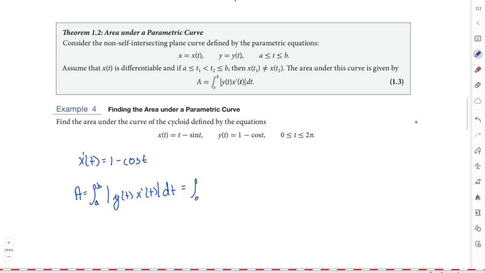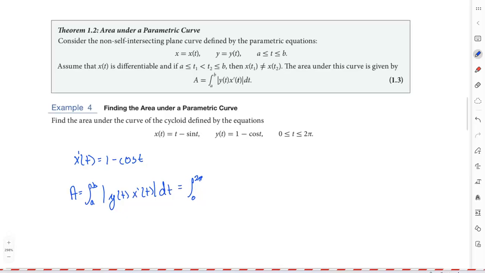So we're integrating from 0 to 2 pi. Those are my bounds, a to b. Absolute value. Y of t is 1 minus cosine of t. X prime was 1 minus cosine of t. And then dt.